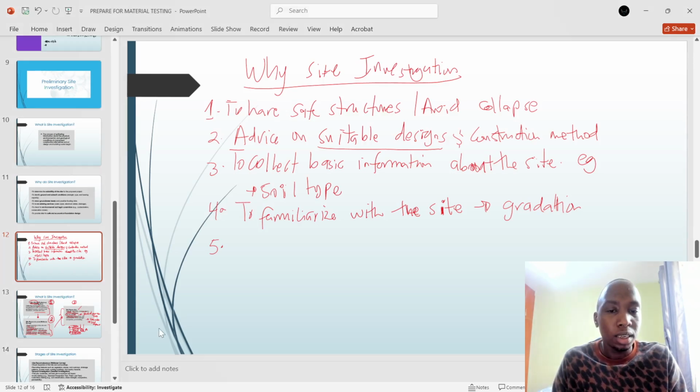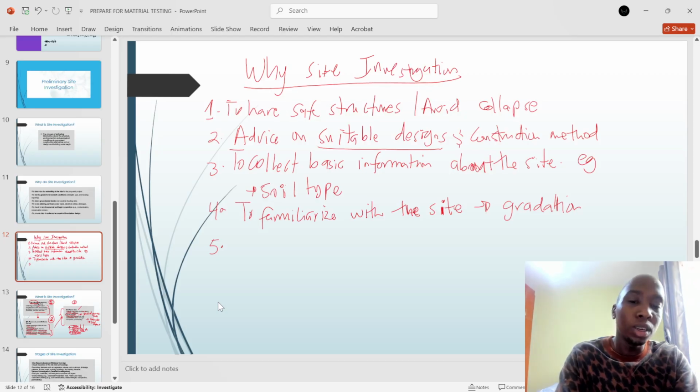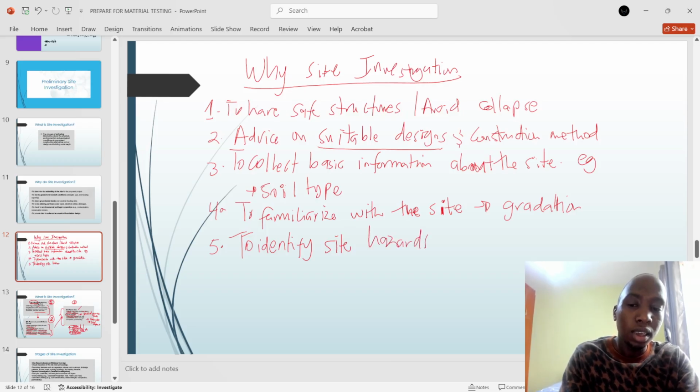To identify site hazards that may occur, like flooding. Very good. To identify site hazards, e.g. flooding. What else? I think erosion.